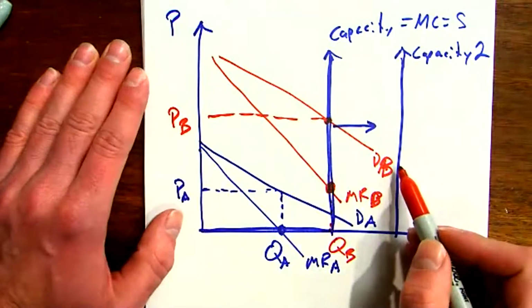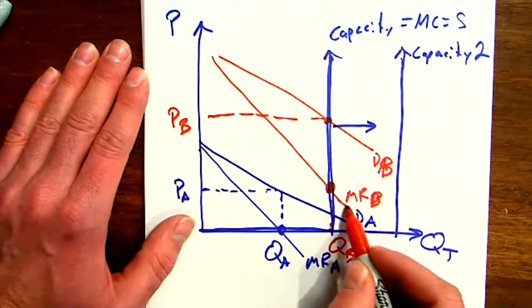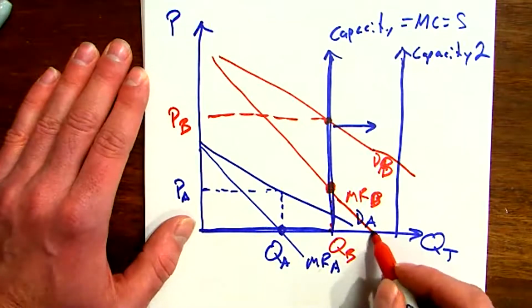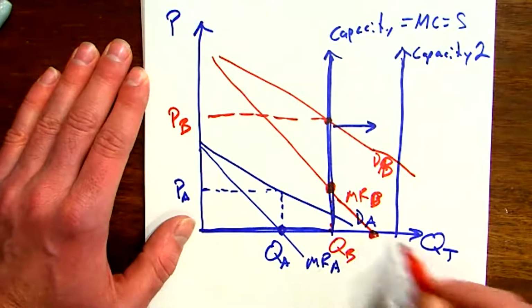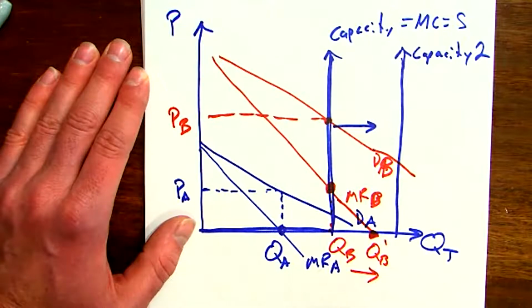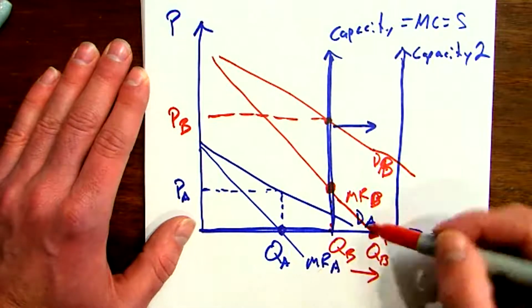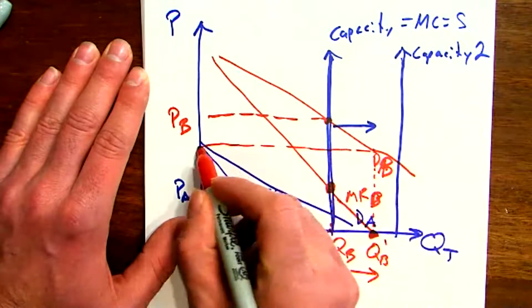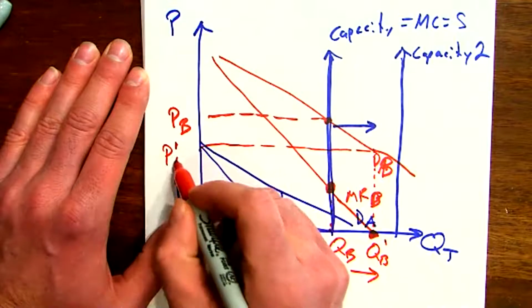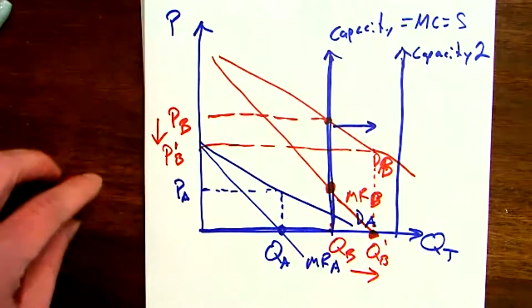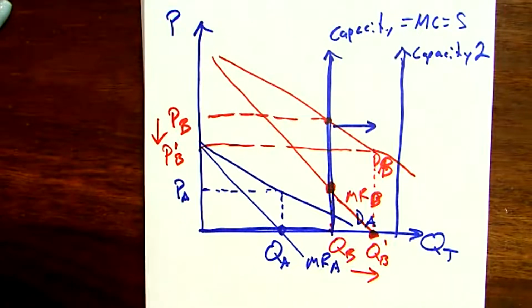At the new capacity, continuing this, the equilibrium quantity is somewhere down here. So equilibrium quantity has increased, but equilibrium price has decreased. So we see an increase in quantity but a decrease in price for team B.